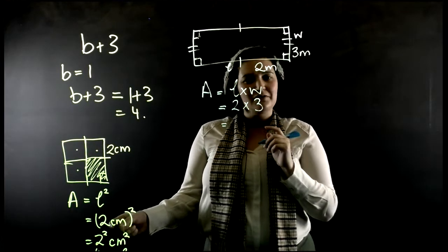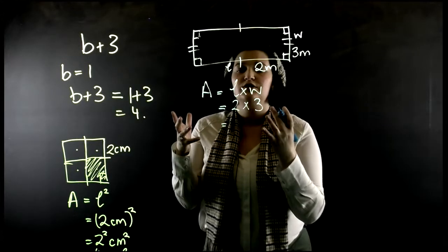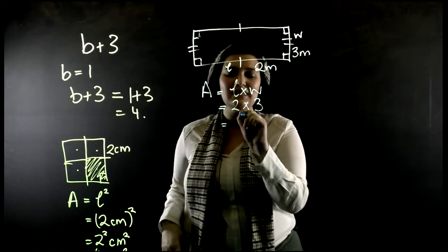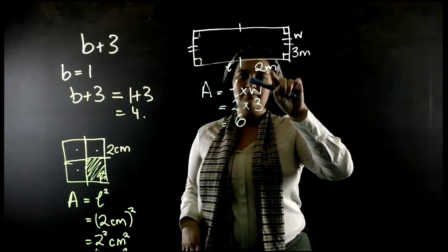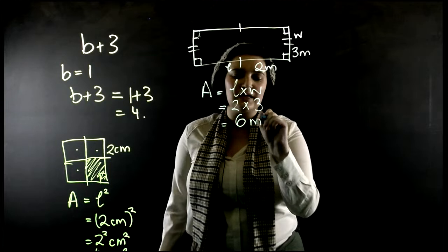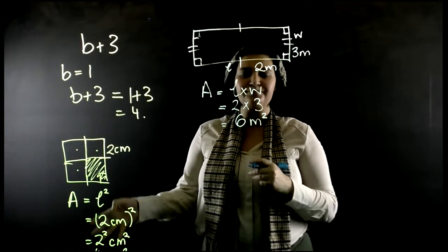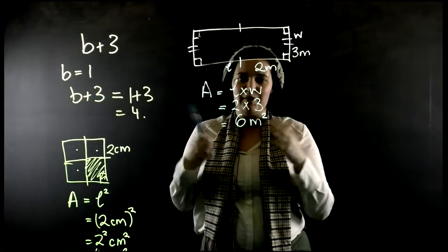So that's not convention when we're doing area sums. We usually would just use the numbers and then add the units at the end. So I know the answer to this is 6, and now I'm looking at the units. So it would have been meters times meters, so meters squared. If it helps you to do it the whole way through, go for it. But if you can do this and just add the units at the end, even better.